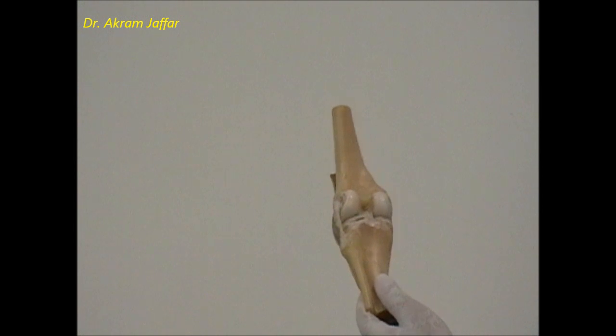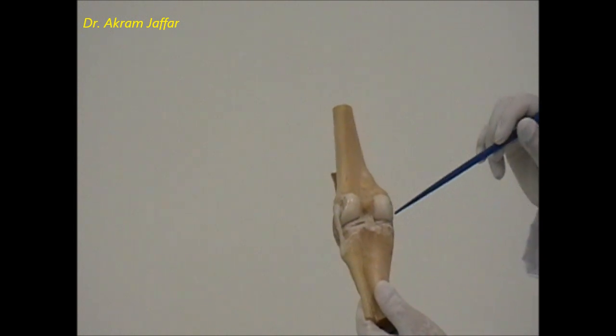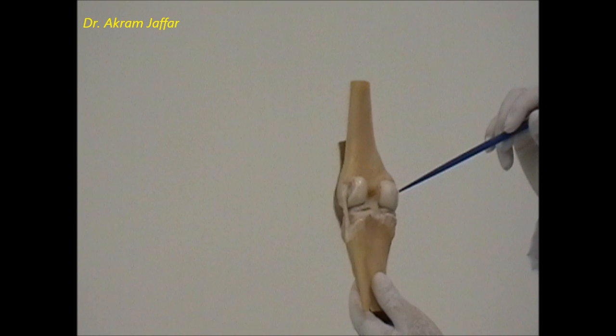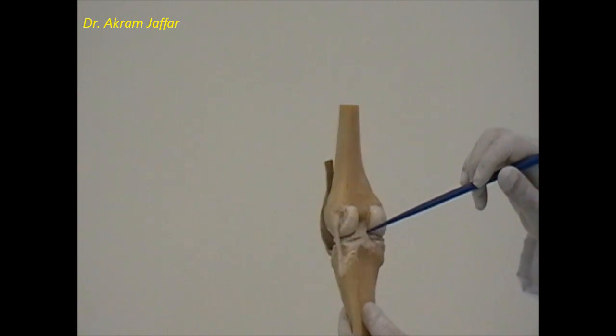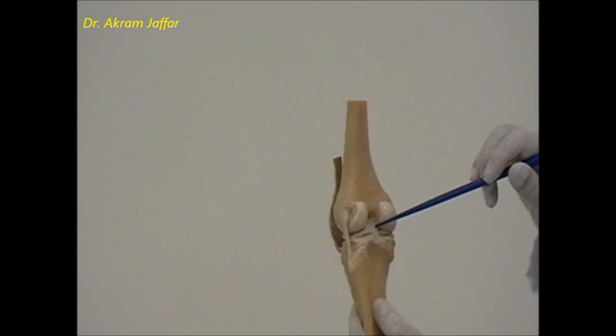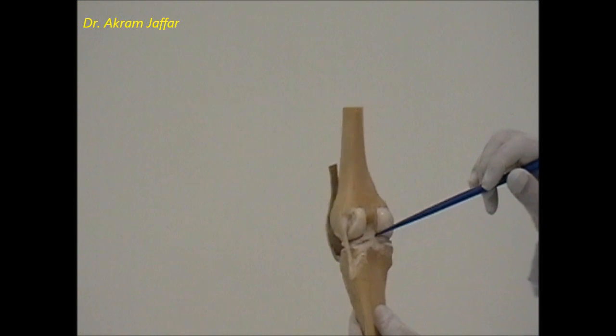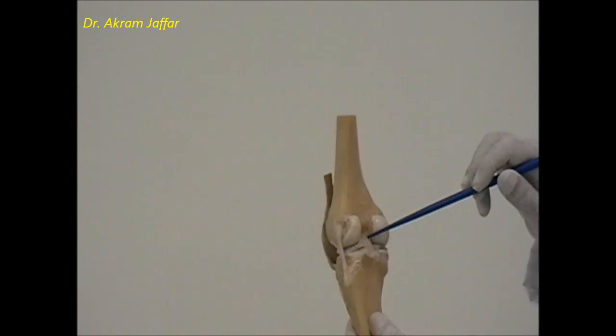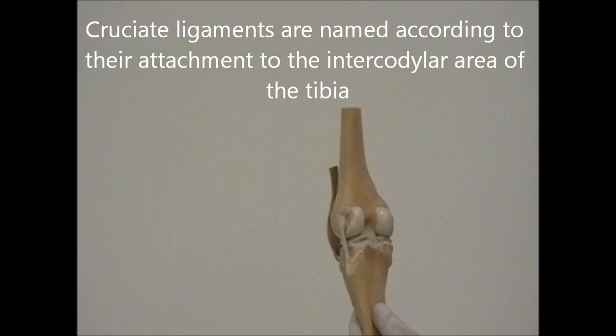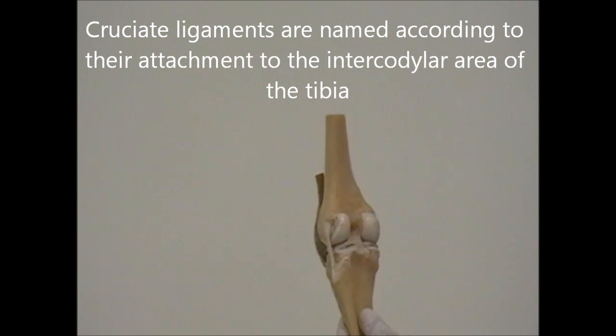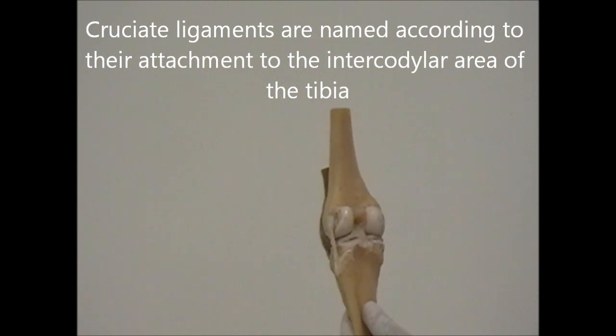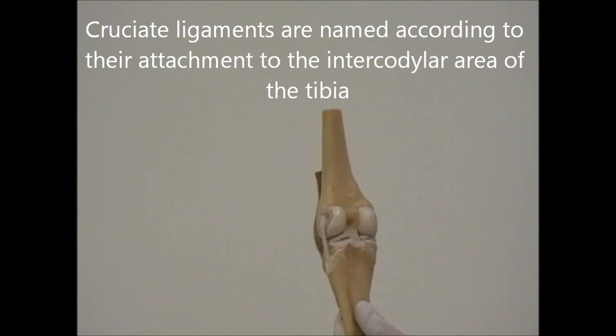Inside the capsule of the knee joint, in addition to the menisci that I've just mentioned, you can see the cruciate ligaments. So this is an example of a cruciate ligament. This is a posterior cruciate ligament. The cruciate ligaments are anterior and posterior cruciate ligaments, and they are named according to their attachment to the intercondylar area of the tibia.